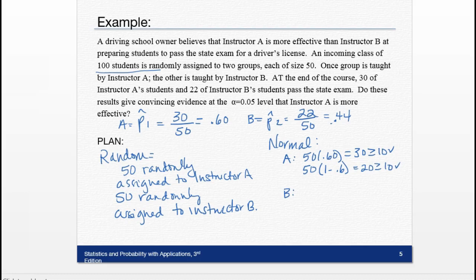Instructor B, I had 50 times 0.44. That would be 22, greater than 10. 50 times 1 minus 0.44 gives me 28, and that's greater than or equal to 10. So I've shown my conditions are met, random and normal, because I've dealt with each sample individually.